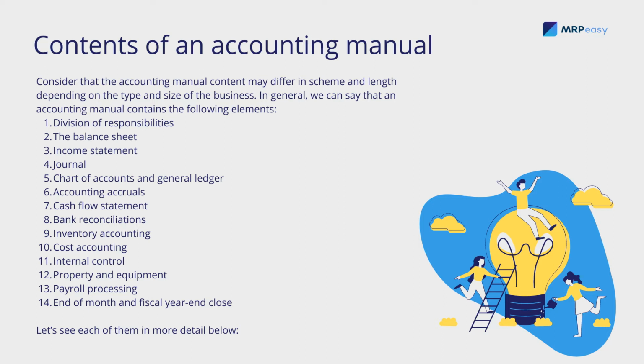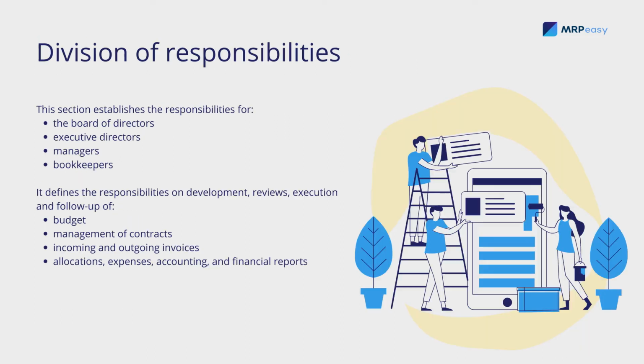Accounting accruals. 7. Cash flow statement. 8. Bank reconciliations. 9. Inventory accounting. 10. Cost accounting. 11. Internal control. 12. Property and equipment. 13. Payroll processing. 14. End of month and fiscal year-end close. Let's see each of them in more detail below.